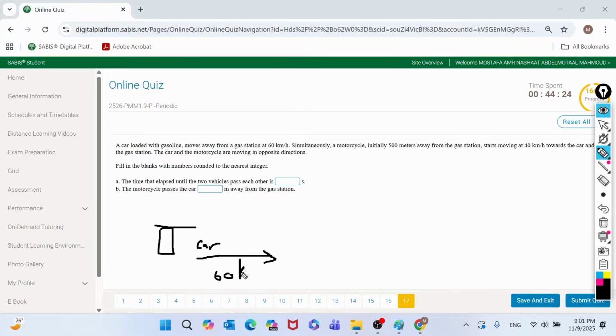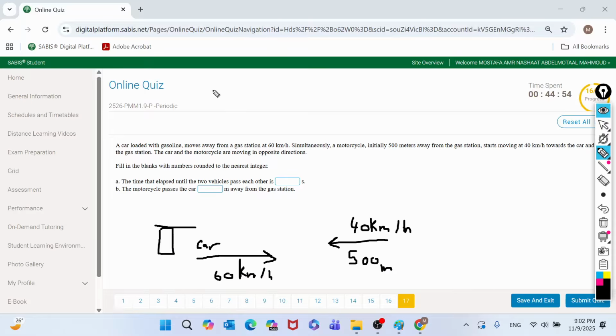And the motorcycle is 500 meters away. It's moving towards the car at 40 kilometers per hour.